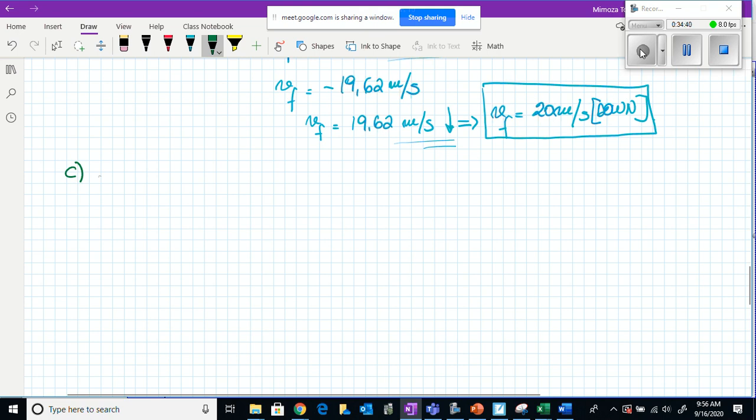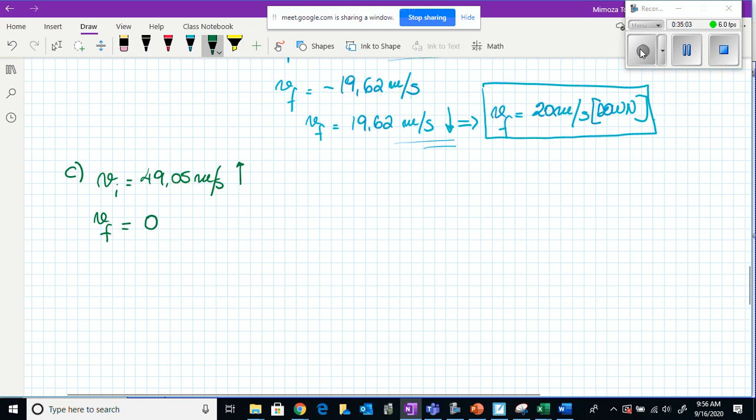So what is given in this case is the initial velocity, as always, 49.05 meters per second going up. Final velocity, since it is reaching the maximum, is equal to 0.